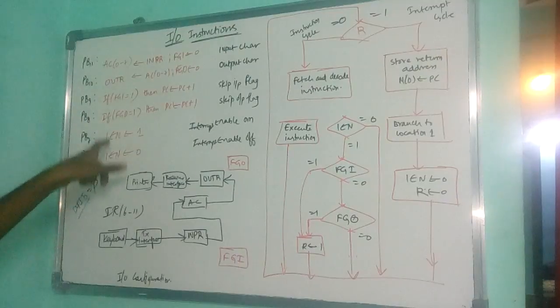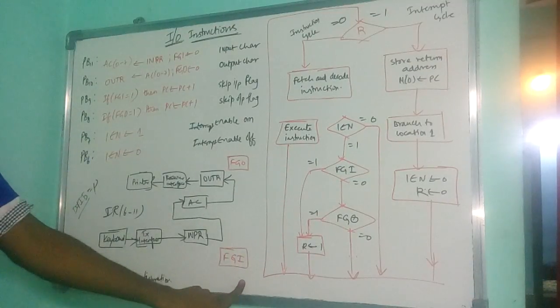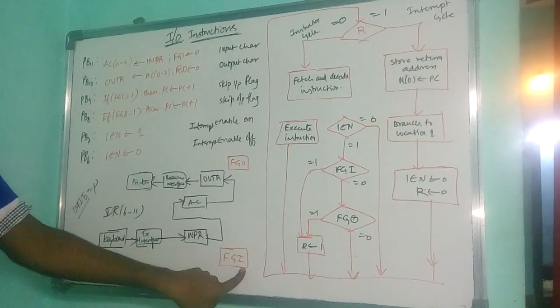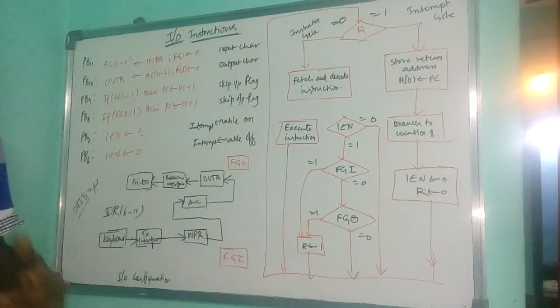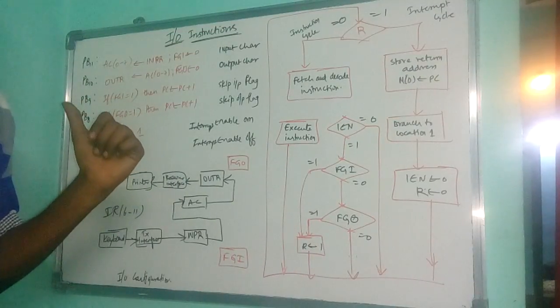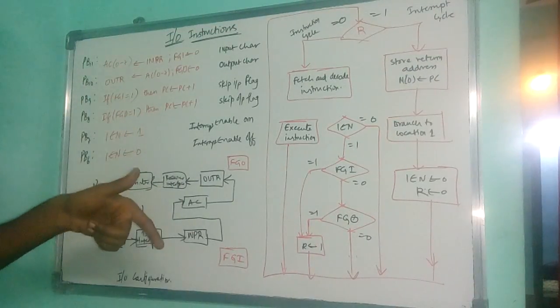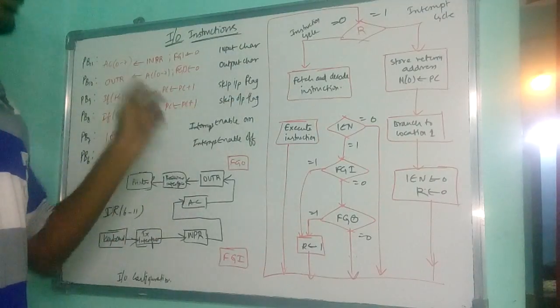Next, if my FGI is 1, that means I have new information to continue, so skip on the input flag and go to the next instruction.